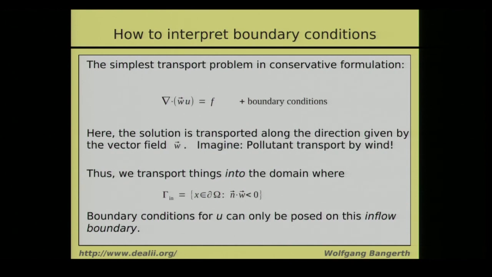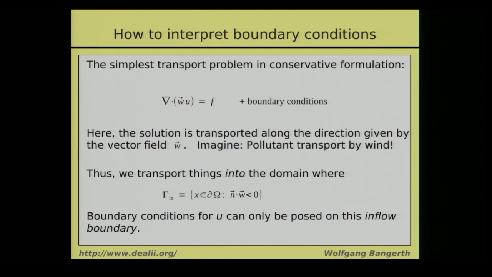So if you think of this equation, I can think of this as, let's say, pollutant transport by a wind field W that has now a temporal and a spatial component, or you can just think of, let's say, if I were originally solving something, for example, in 2 space and 1 time dimension, then now I have a 3-dimensional wind field. So I'm thinking of this pollutant transport by wind.